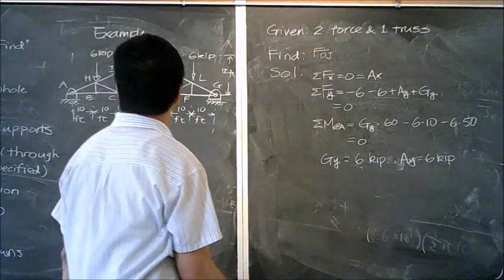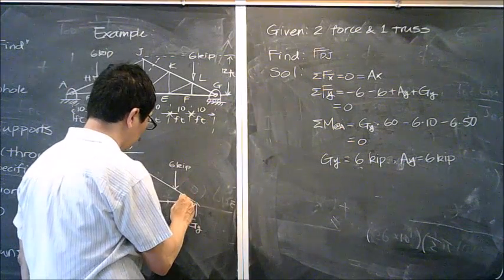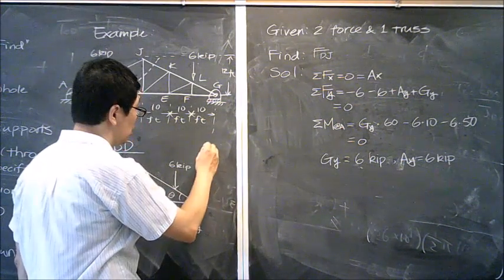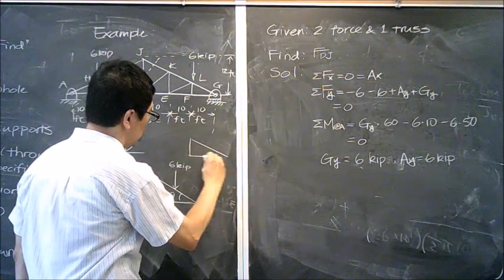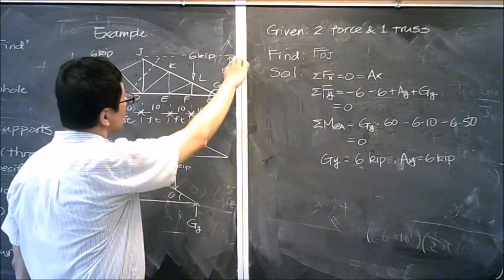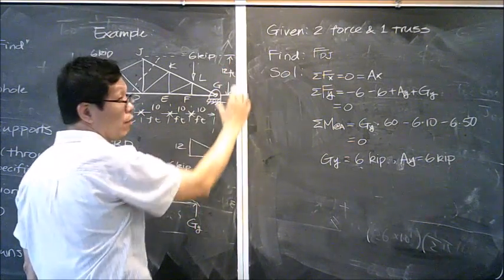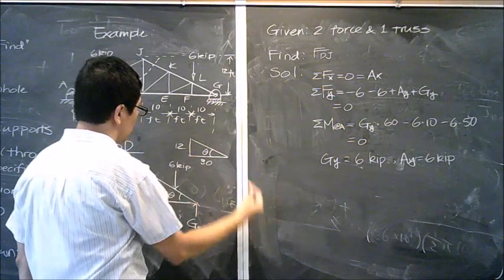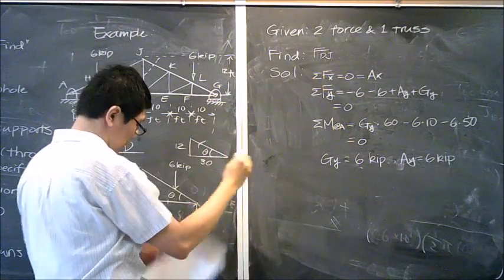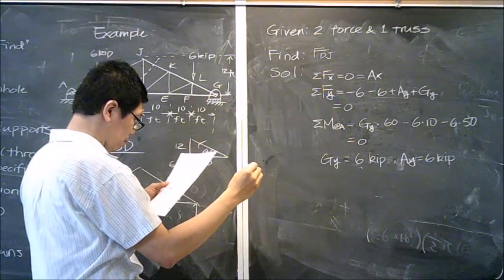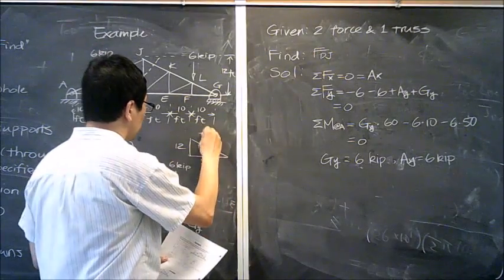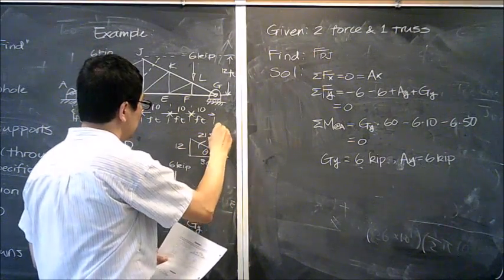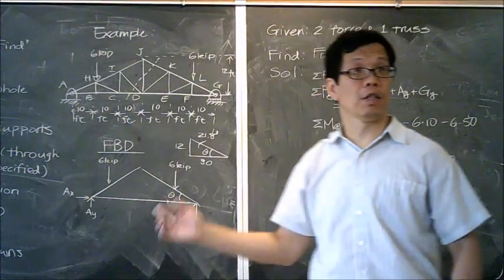But before we do that, I would like to identify the angle over here. I know this is 12 feet based on the given configuration, and over here this is 30. So over here is going to be 21.8 degrees. Everybody knows how to do that, right?